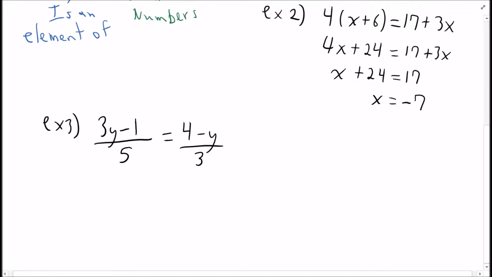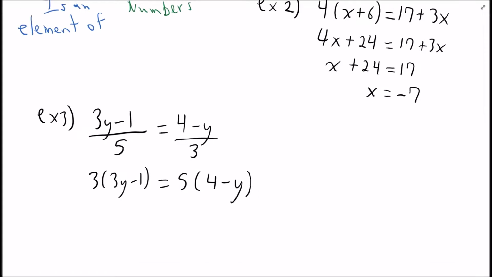The first thing we want to do here is get rid of the fractions, get rid of these denominators. So I'm going to cross multiply. The first side is going to get multiplied by 3. And then I'm going to move the 5 from the denominator of the first one and bring it to the other side, so it's going to multiply the 4 minus y by 5.